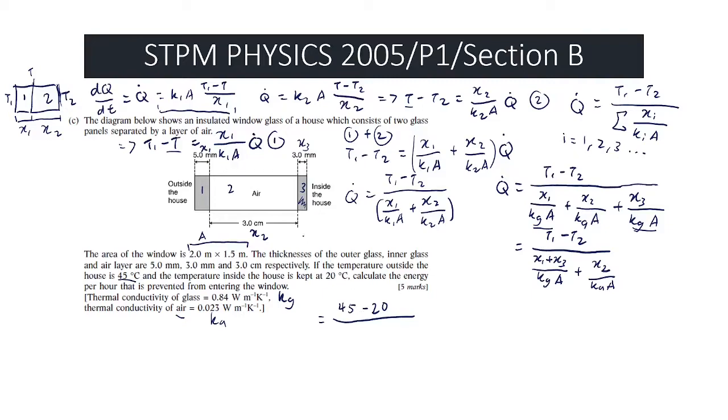From here we want to find x1 plus x3, which is 5.0 plus 3.0, times 10 to the negative 3 to convert it into meters, and kg is given by 0.84.